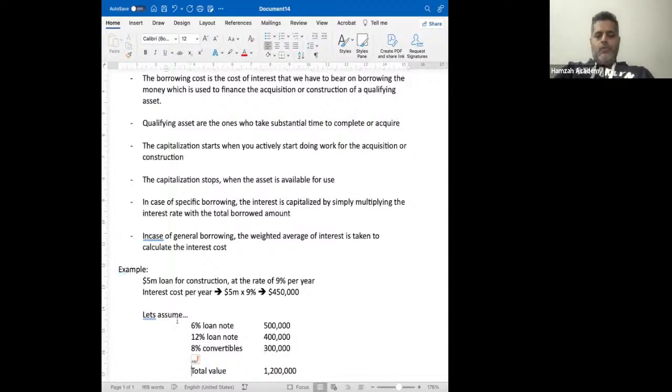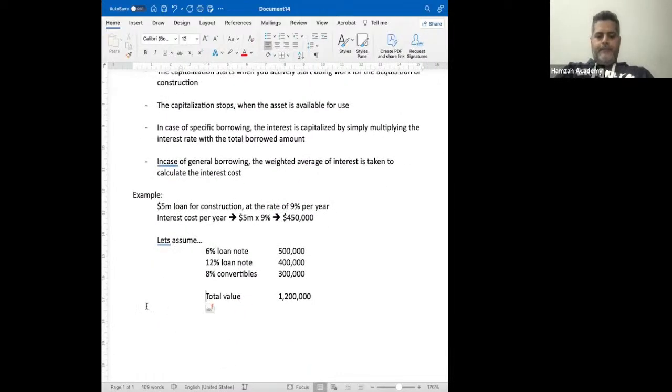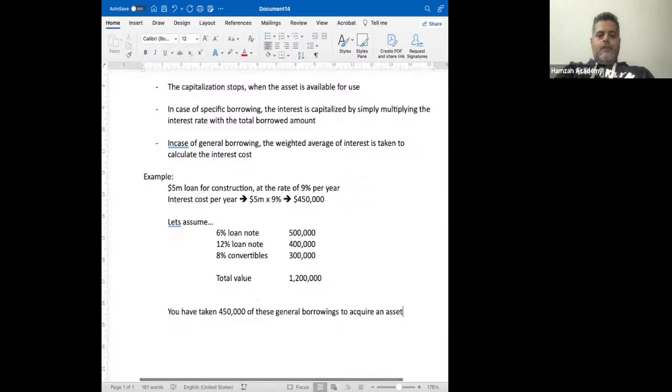Now you have taken 450,000 of these general borrowings to acquire an asset, right? You have taken the loan of 450,000 from the general borrowings to acquire the asset.